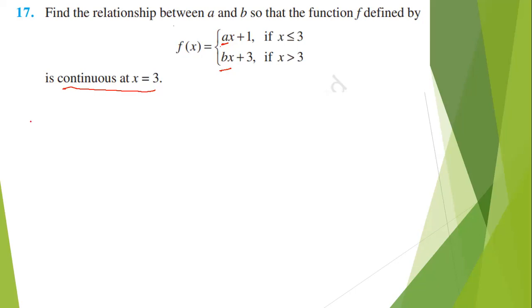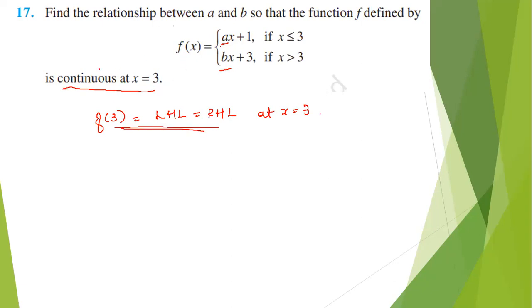So when will a function be continuous? When the value of the function is equal to the left hand limit as well as the right hand limit at x equal to 3. When this is true, then only we say the function is continuous.